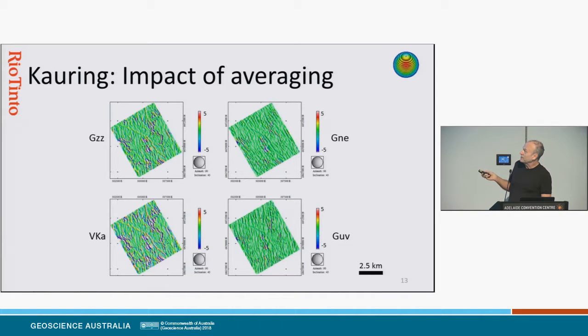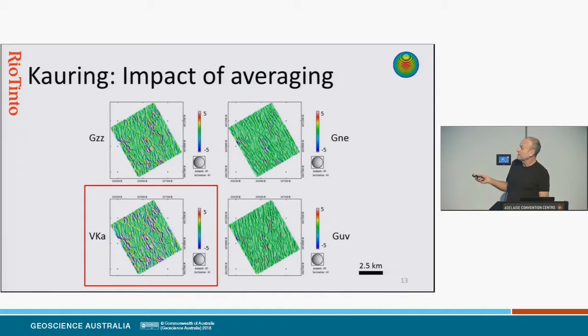So most of it is fairly green, but you have these blue and red with white peaks variations at locations that are obviously related to the topographic variations that the survey has flown over. Again, you can see that there's more character in the GZZ and VKA than in the GNE and GUV. That's simply because they're lower amplitude measurements that are being compared.